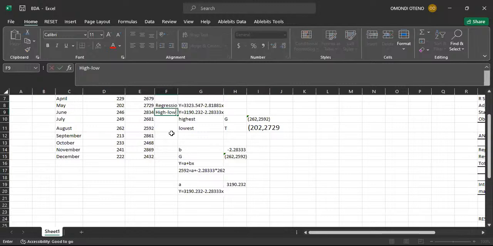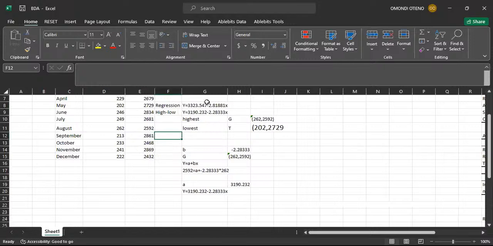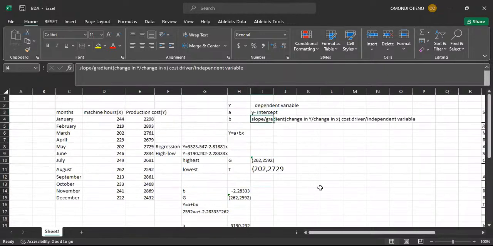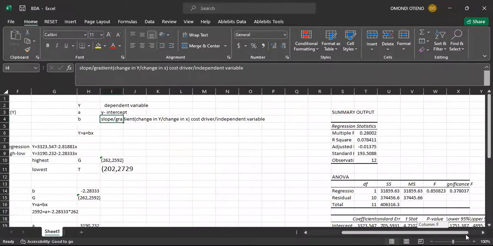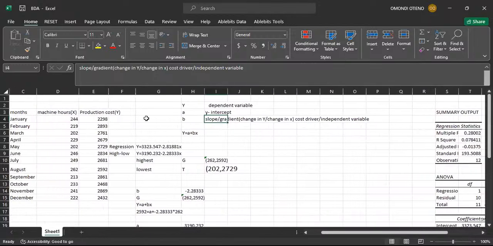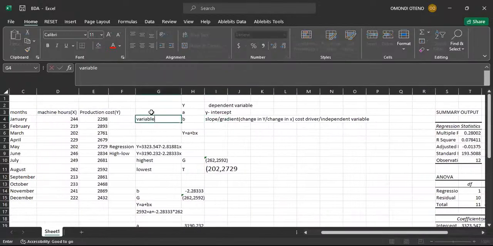So you can see regression has got this, High-Low method has got this. But you can see the pattern is almost the same because we have a negative variable cost per unit, this B. The slope is the variable cost per unit.